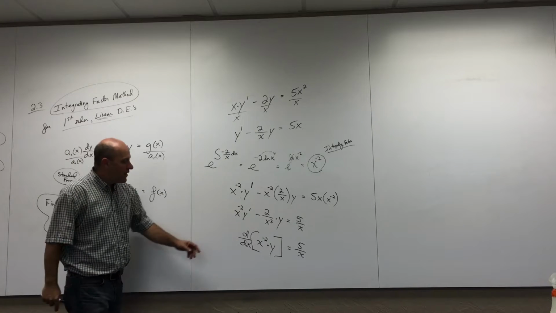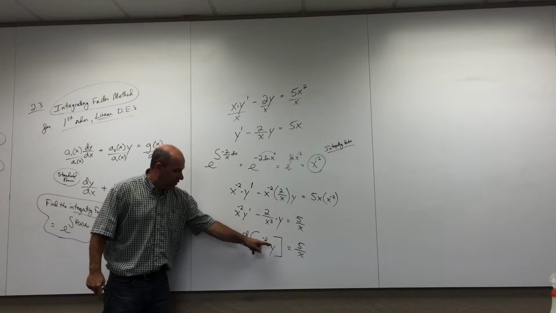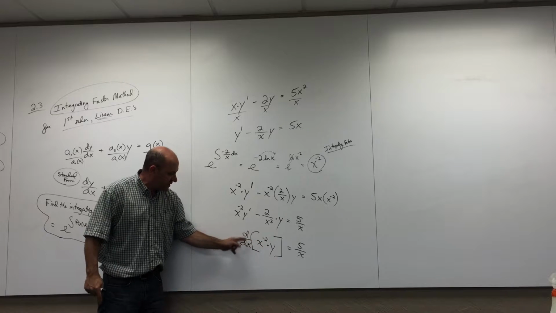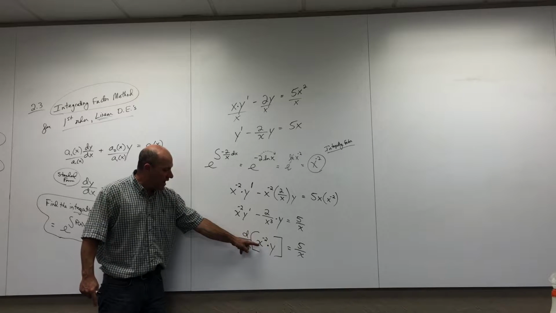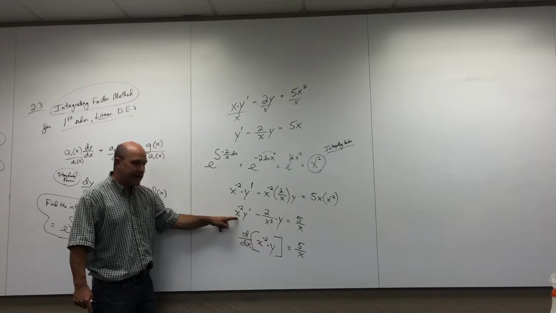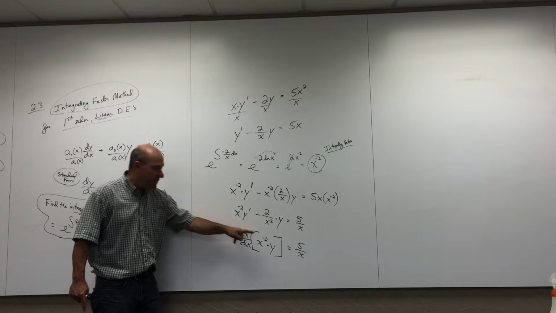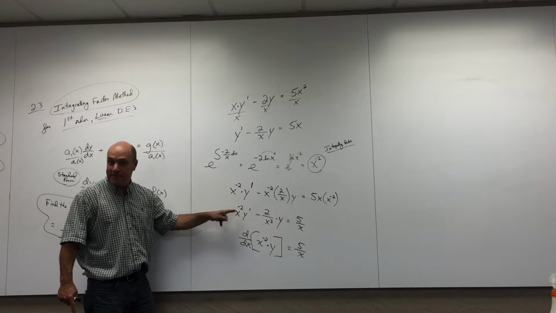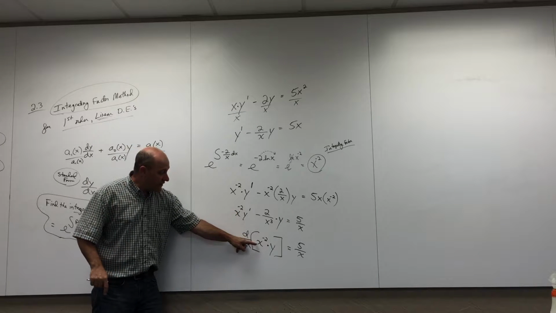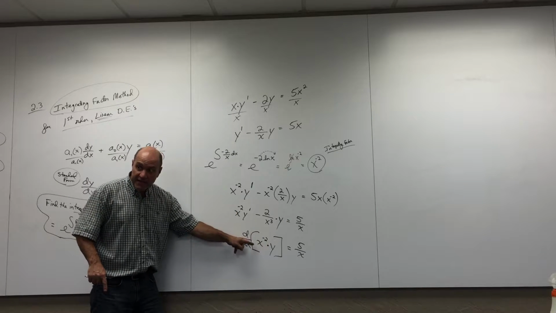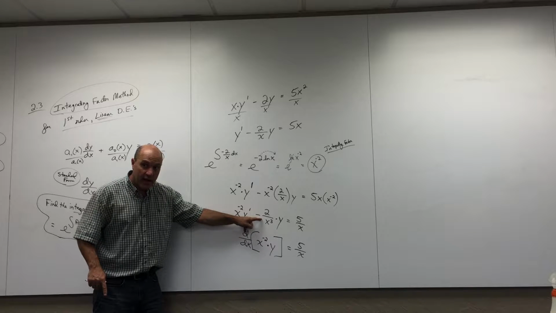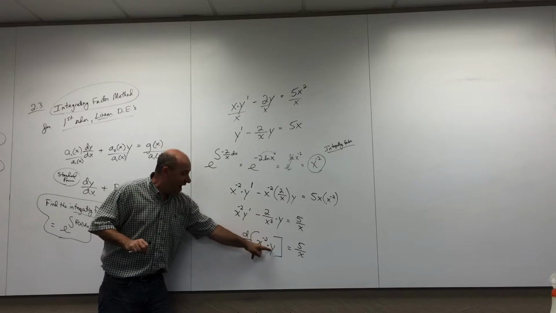Now let's just check it out. Look, if you were to do this product rule, if I was to do this derivative product rule thing here, what would you do? Write down the first, take the derivative of the y prime, plus take the derivative of this guy, which would be -2 x to the -3 times the y.